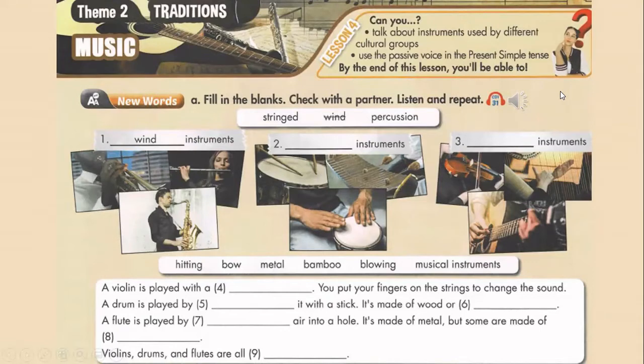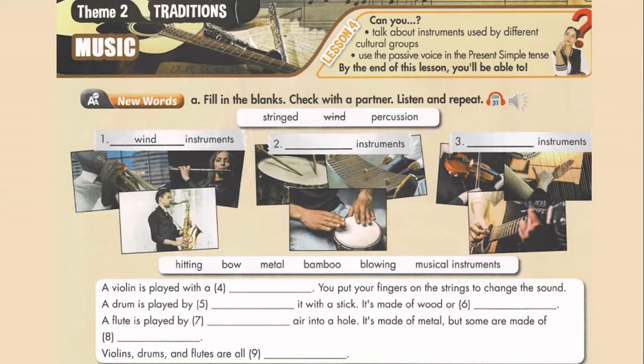Theme 2. Traditions. Lesson 4. New words. Listen and repeat. 1. Wind instruments. 2. Percussion instruments. 3. Stringed instruments. 4.